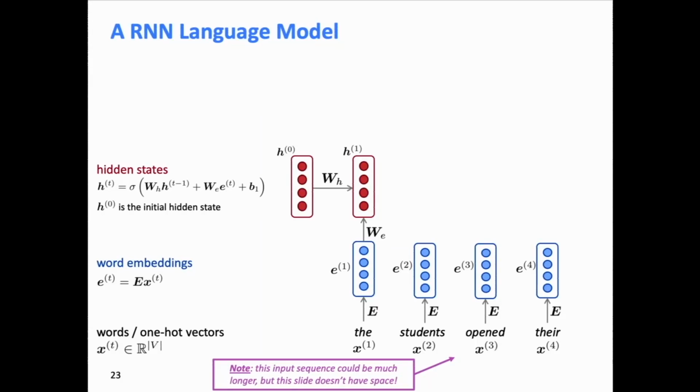So we often call the initial hidden state H0. We call it the initial hidden state, and it can either be something that you learn, like it's a parameter of the network and you learn how to initialize it, or you can assume something like maybe it's the 0 vector. So the formula we use to compute the new hidden state based on the previous one, and also the current input, is written on the left.